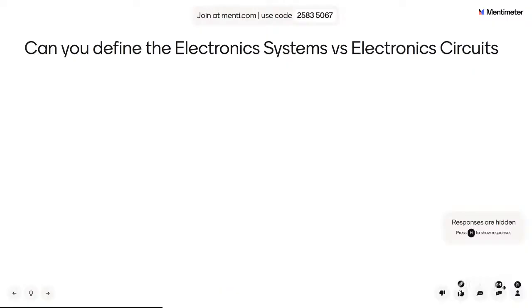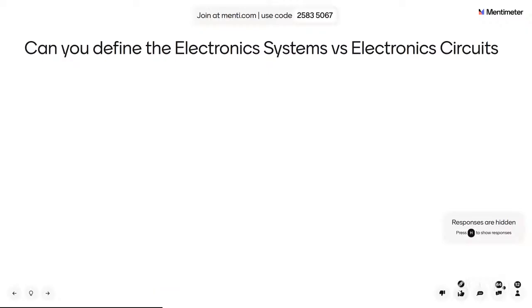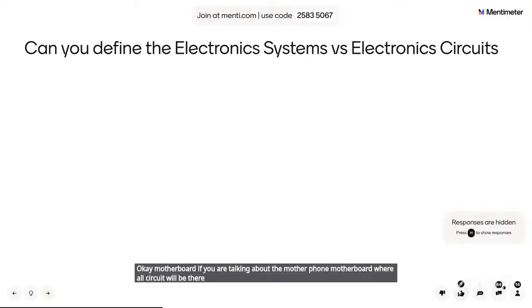Basically, a circuit is a simple circuit, and that circuit combines with multiple different subsystems to form an electronic system. If we are talking about the motherboard, where all the circuits are, that is the electronic circuit.